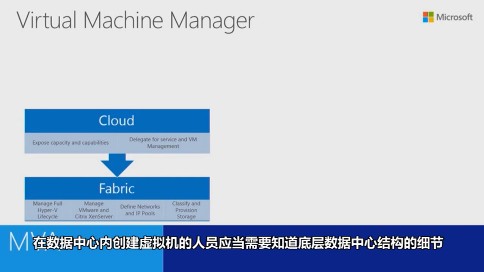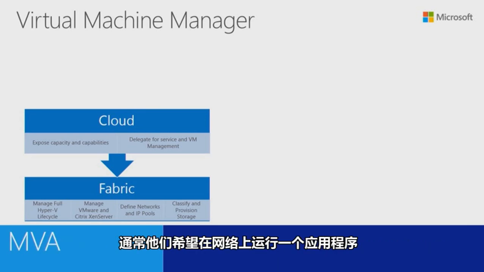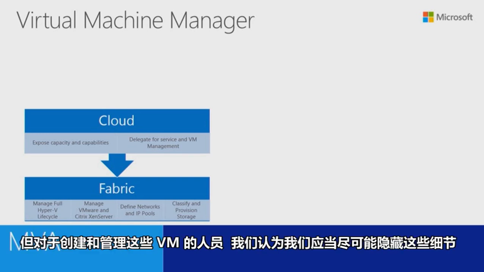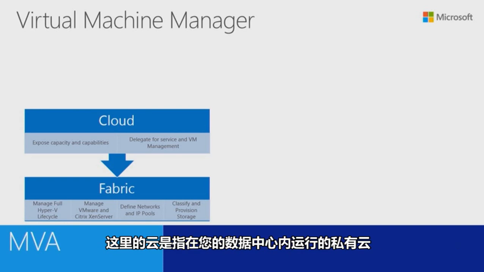So people creating virtual machines in the data center shouldn't need to know the details of the underlying data center structure. They really just typically want to run an application on a network. They happen to need it to be in a VM, and for that you need a lot of complex data center infrastructure, but folks creating and managing those VMs, we think we should hide as much of those details as possible. And by this cloud, I mean the private cloud running in your data center.